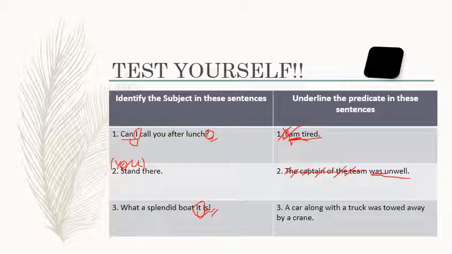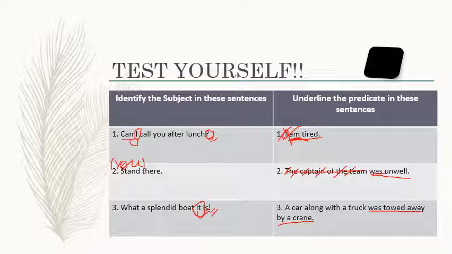And the last question: a car along with the truck was towed away by a crane. So here, let's see where the verb is again. The verb we have is was towed away by a crane. So this is the predicate in the sentence.